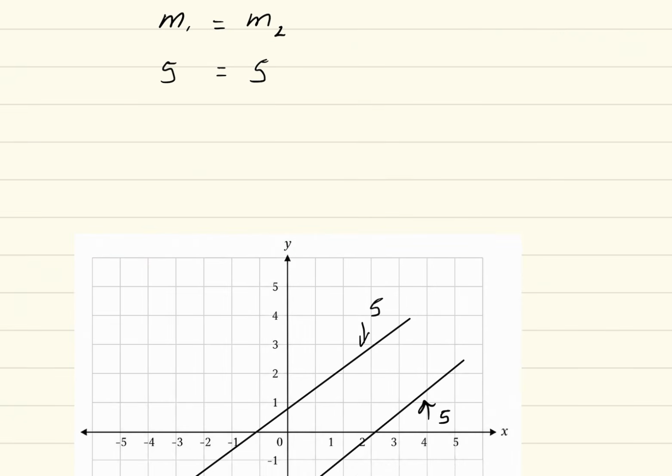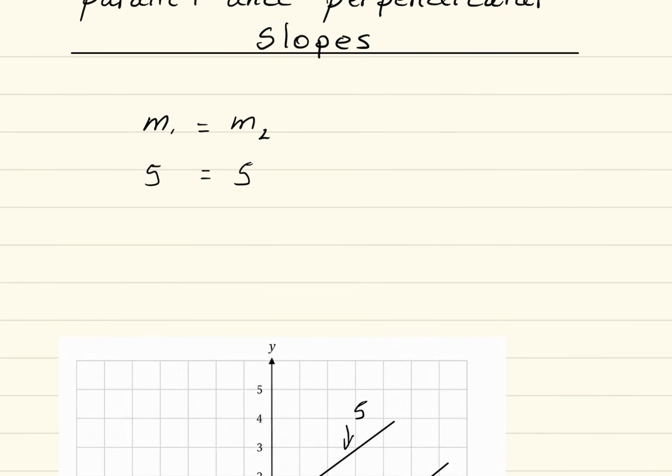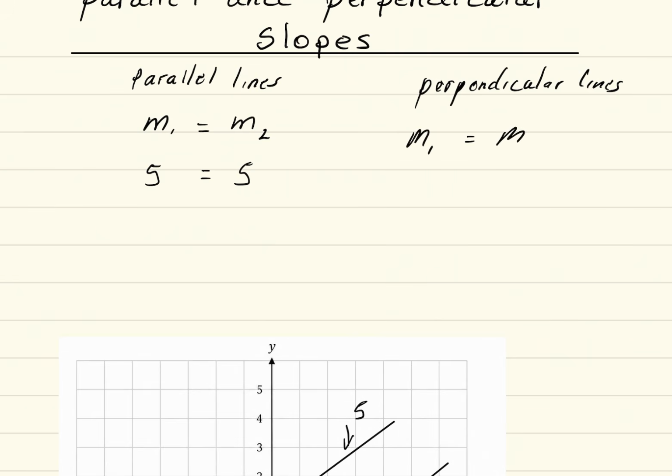Now with perpendicular lines, they're going to be negative reciprocals. So what do I mean by that? So these are parallel lines. For perpendicular lines, let me erase that, that's not clear.